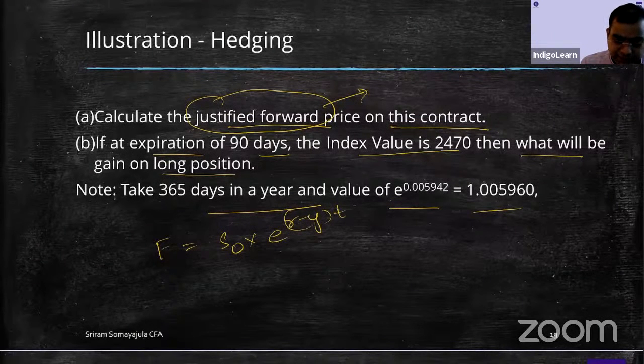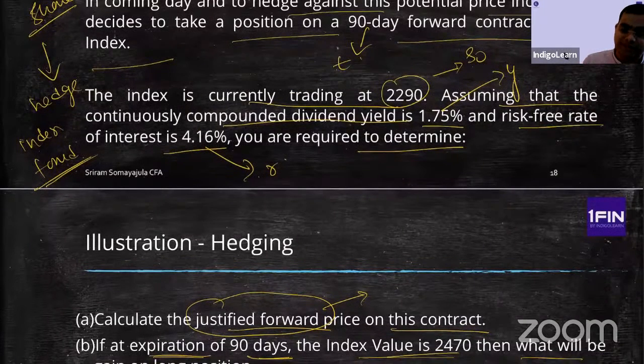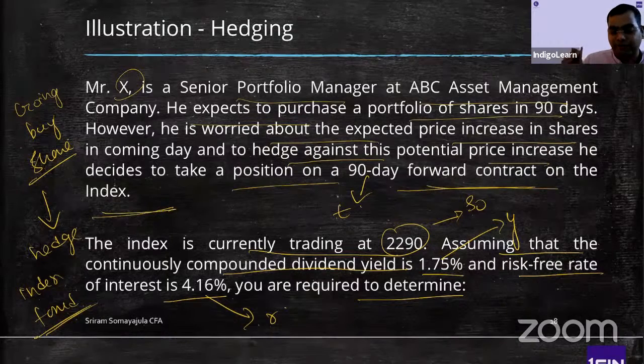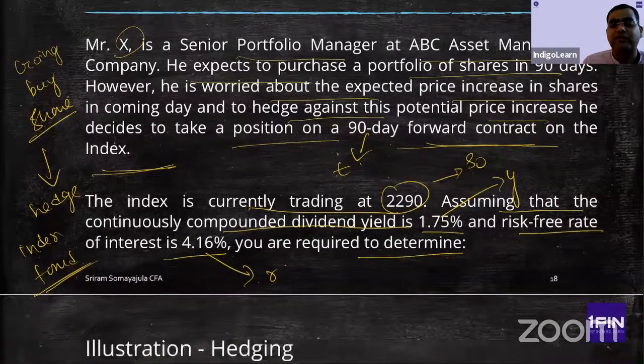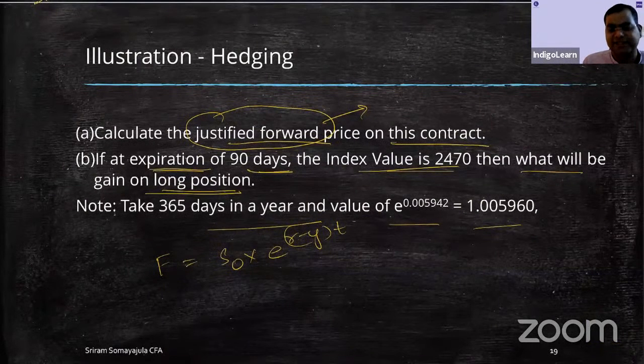Then what is the second point? If at the expiration date of 90 days the index value is 2470, what will be the gain on the long position? So friends, in our case this man wants to buy some shares. On those shares he may have a loss, so to hedge for that loss he is entering into a forward contract on the index. Today's index value is linked to the existing stock prices, with some beta.